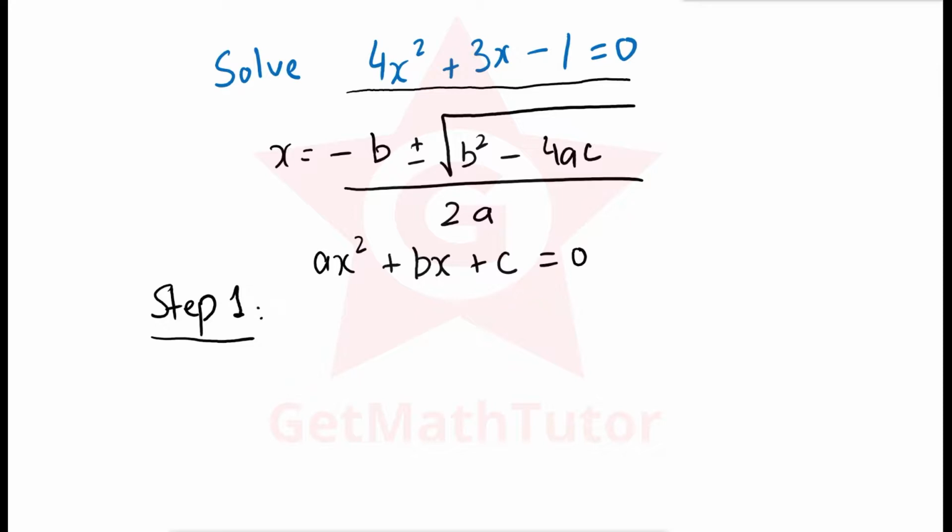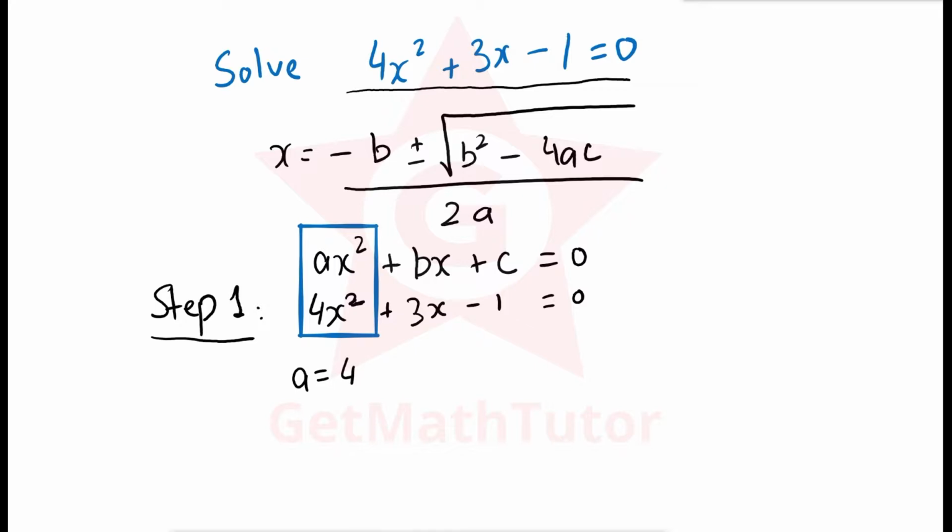I'm going to rewrite our equation so that we can easily compare. So our equation is 4x squared plus 3x minus 1 equals 0. Now let's compare these two. If we look at the squared term, we can easily find that a is simply 4.